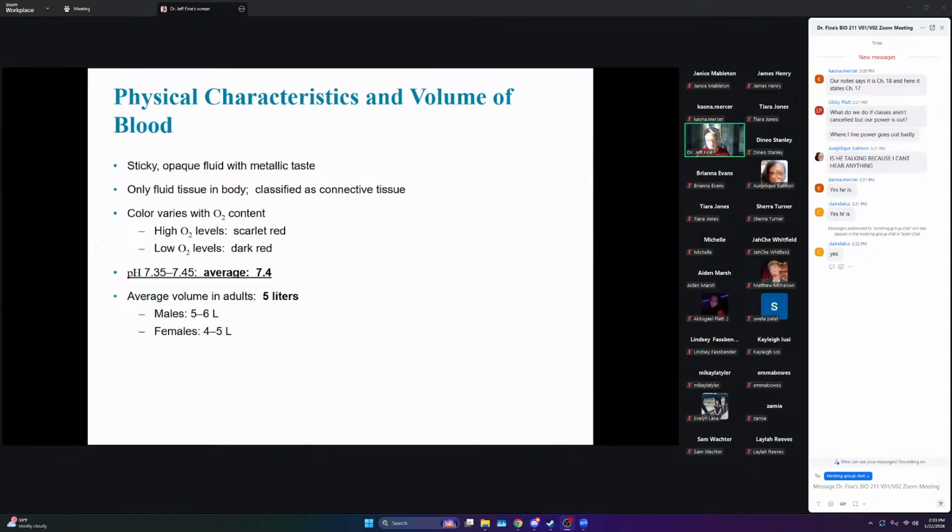The reason for those disparities in numbers is based on average body size. Okay. So that's a very generalized statement there based on gender. It really should say based on body size. Okay. If there's a larger female and a smaller male, those numbers could be exactly the opposite. Okay. But just remember, about 5 liters of blood in an adult for capacity.